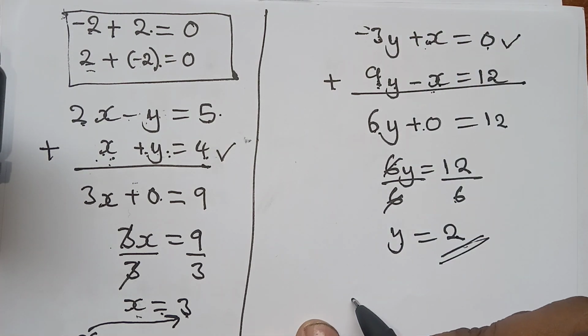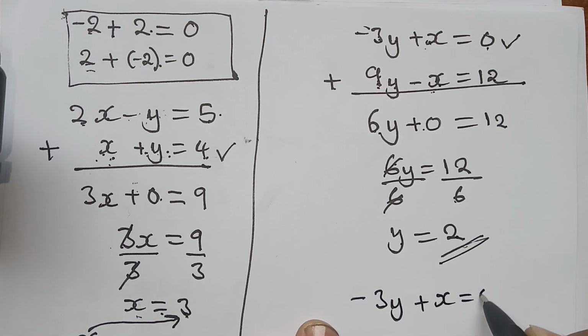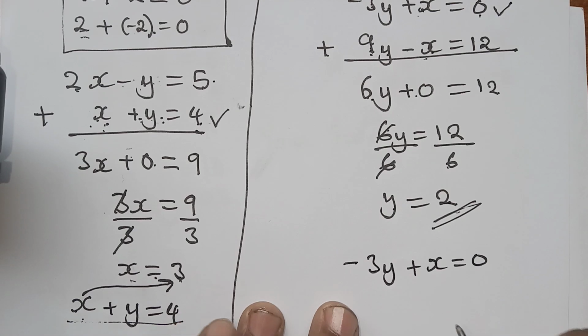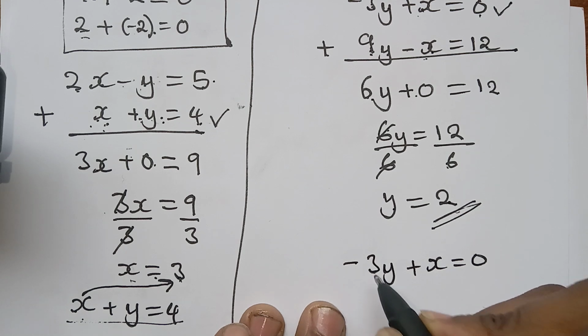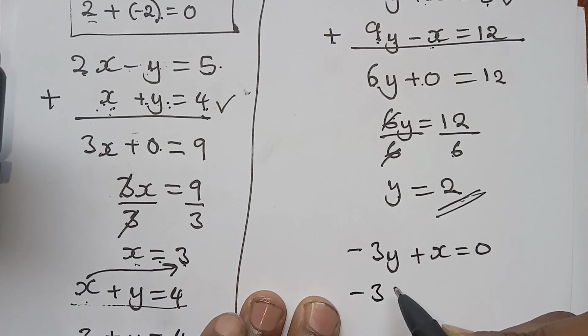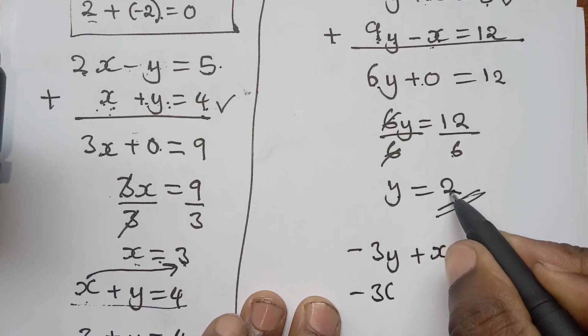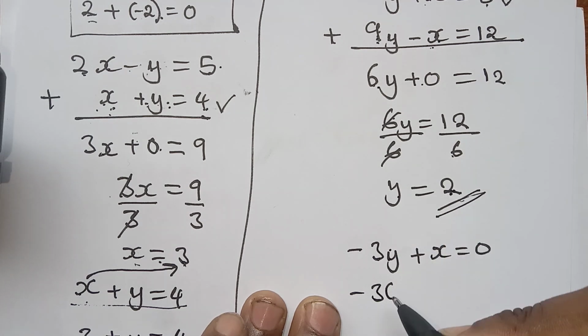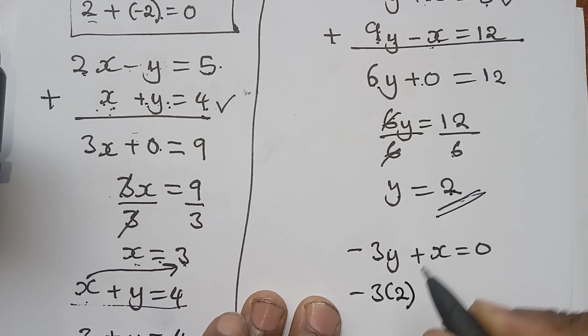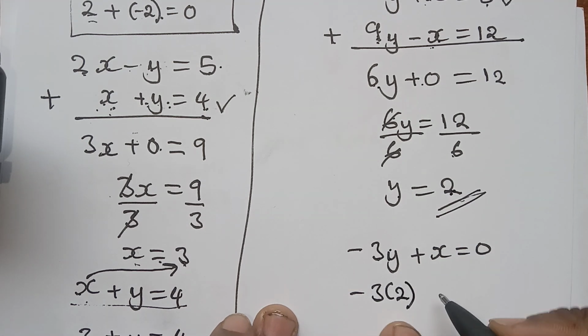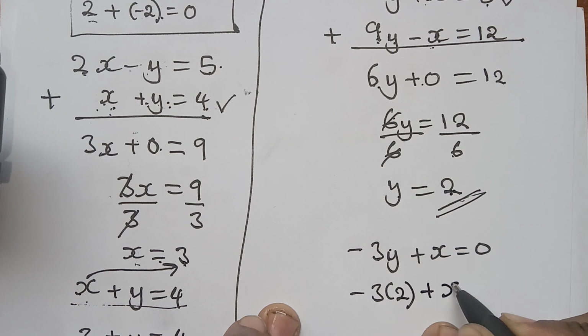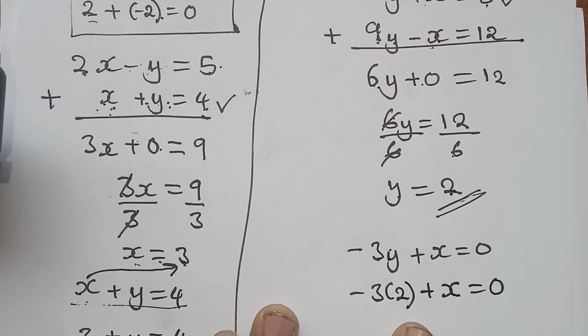So using that one there, we have 3y plus x is equal to 0. Where there is a y, you can put a 2. Remember, y is 2, so we are just substituting in the y value, then plus x is equal to 0.